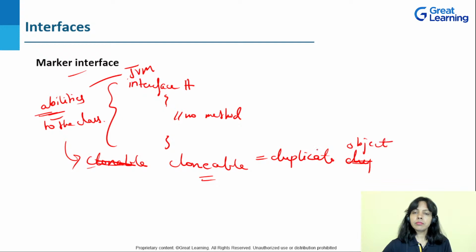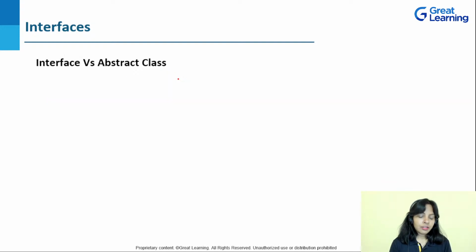Now you must be thinking, if there is nothing inside, still we are able to have an ability in a class, that is, we can have a duplicate object if we are making use of this Cloneable marker interface. This ability is provided with the help of JVM. We can create our own marker interface also, but for that you have to make change in the JVM, guys. So basically we don't make use of marker interface.